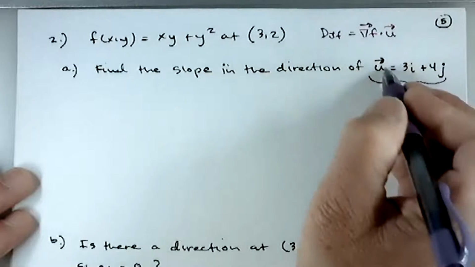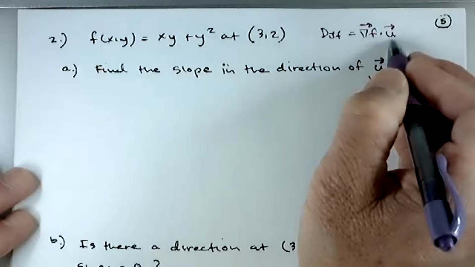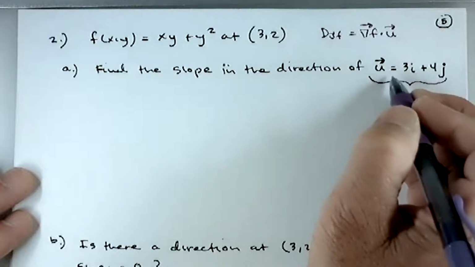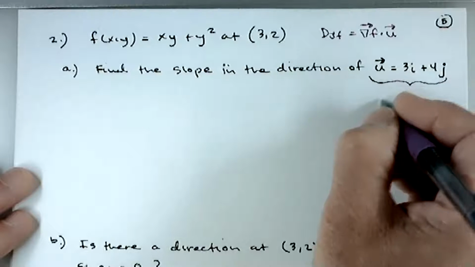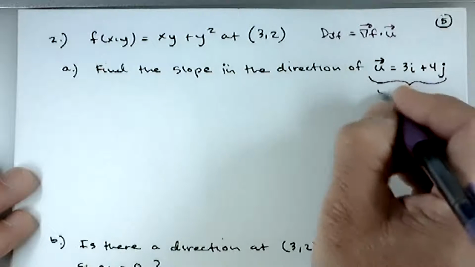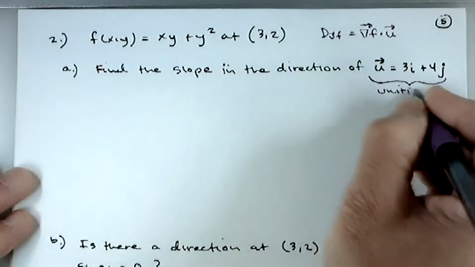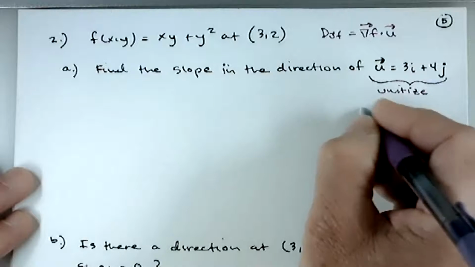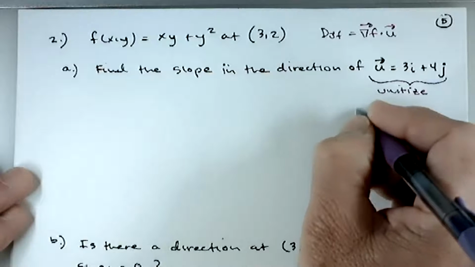I know that's u, but remember, u has to be a unit vector. So they can call it whatever they want, but this needs to be a unit vector. So the first thing I would do is unitize. Unless it's already a unit vector, make sure your vector is a unit vector. So you'd want to divide by the magnitude.